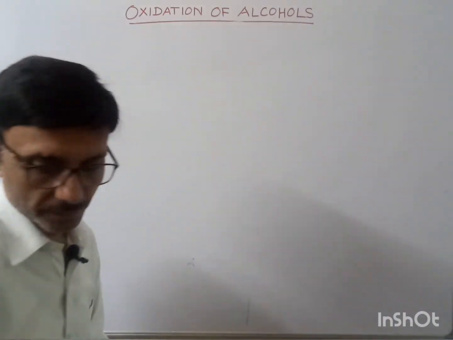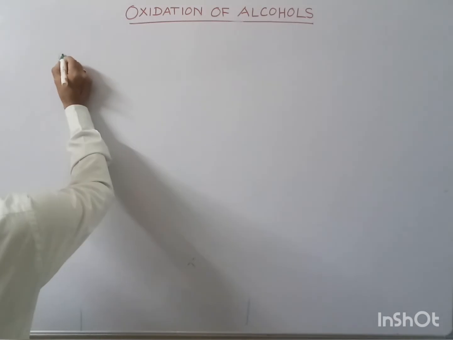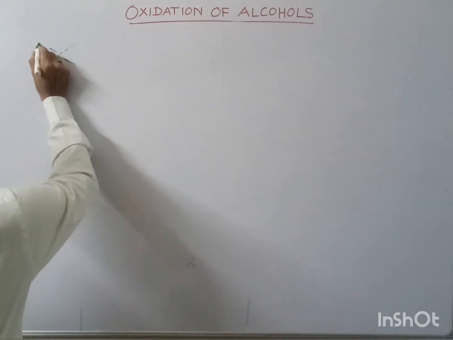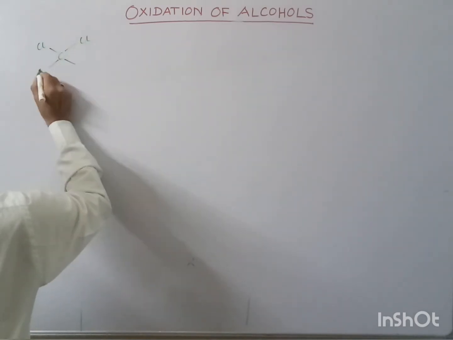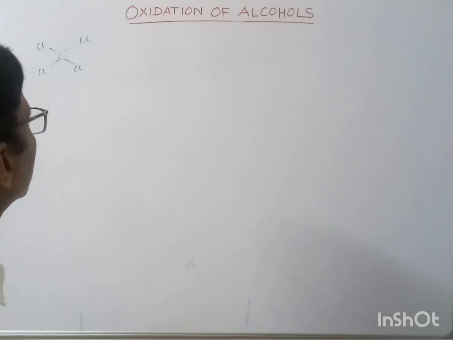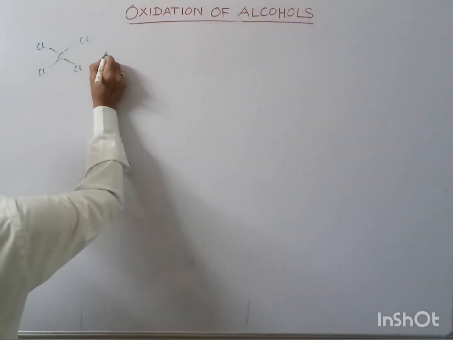Suppose we have carbon tetrachloride. All of you know the oxidation state of carbon here is +4.